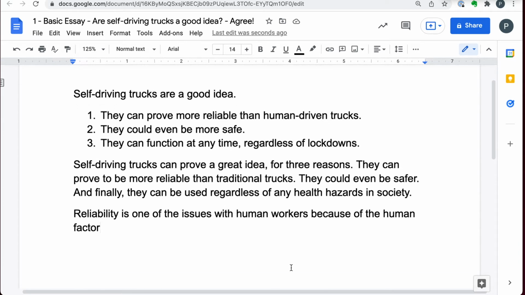And this is where self-driven trucks come in. Okay, I'm using plain English, and guys, don't be afraid of using plain English. Just use plain English in your writing. There we go. This is my lead sentence.